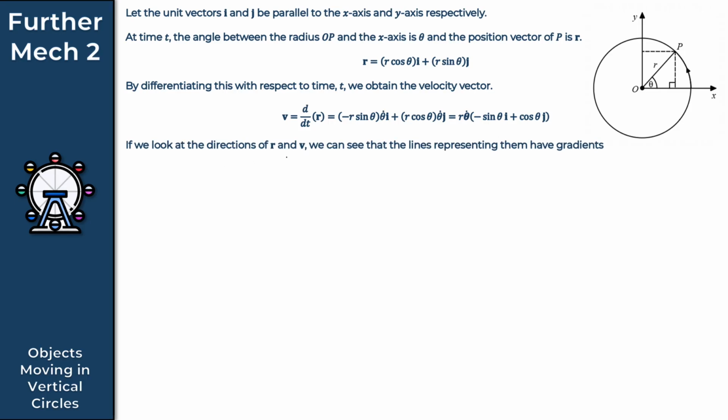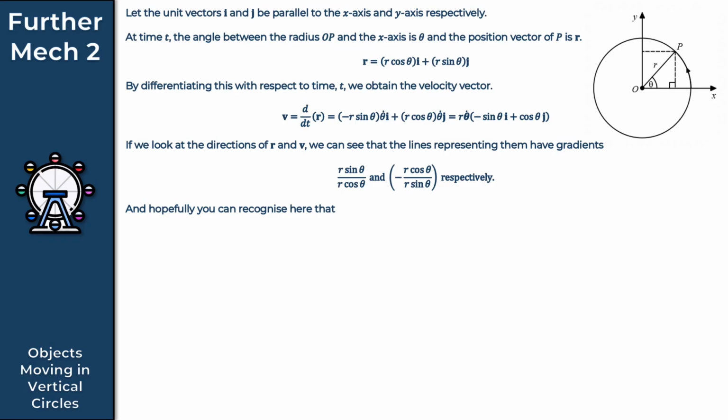If we look at the directions of r and v, we can see that the lines representing them have the following gradients. We get r sin theta over r cos theta, and minus r cos theta over r sin theta respectively. This is for r, the position vector, and this is for the velocity vector.